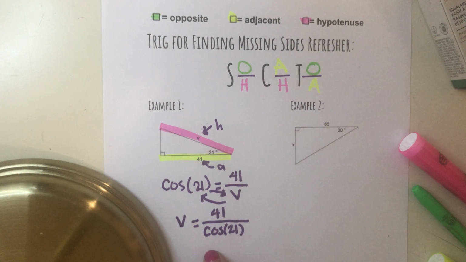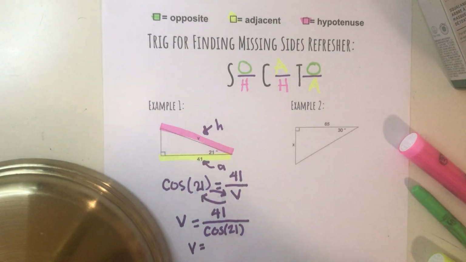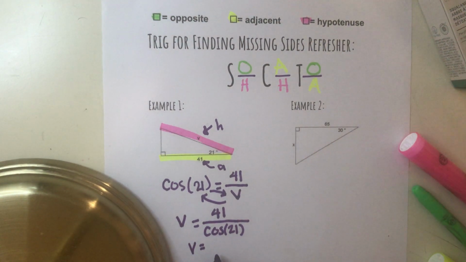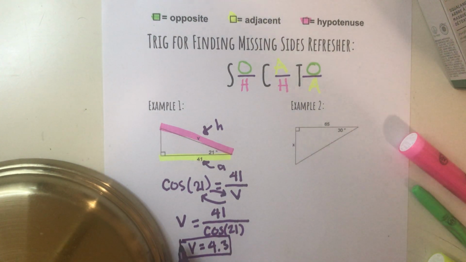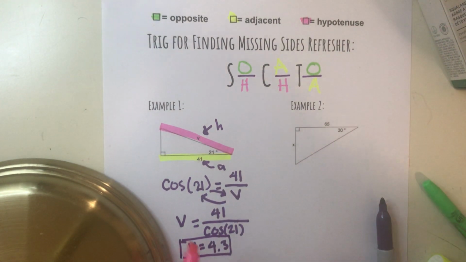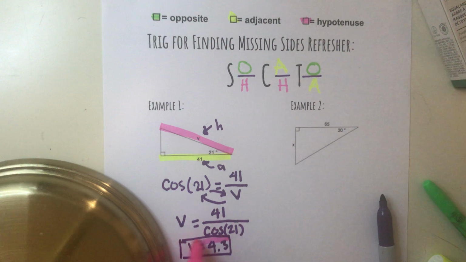Four divided by cosine 21, and I get that V equals 4.28, which I can just round to 4.3. So I found out that the length of my hypotenuse, V, is 4.3, and I will highlight that the same color as the hypotenuse so that it's clear.